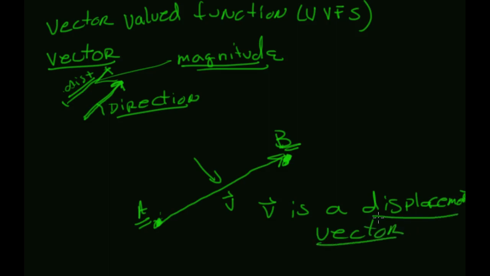So the idea here is as if I was to move from A to B, the movement from one point to the other would describe the displacement. Okay? It's not necessarily the path that I traveled along, but given the starting point and the end point, it describes how far and in what direction I have been displaced.